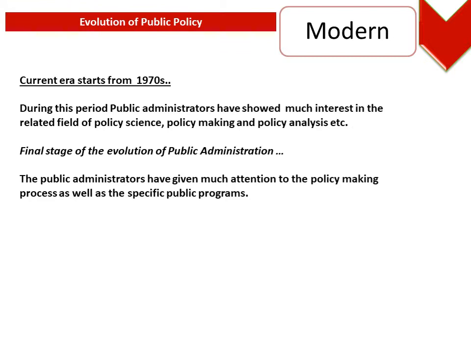During this period, public administrators showed much interest in the related field of policy science, policy making and policy analysis, etc. They gave much attention to the policy making process as well as specific public programs, and this period continues from the 1970s to the present time. This is about the evolution of public policy.